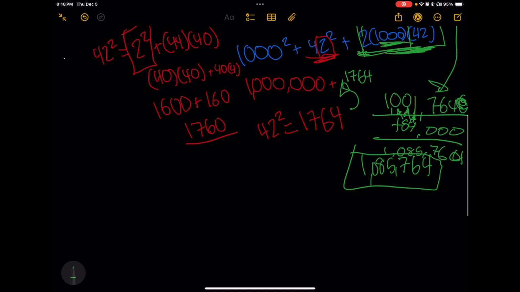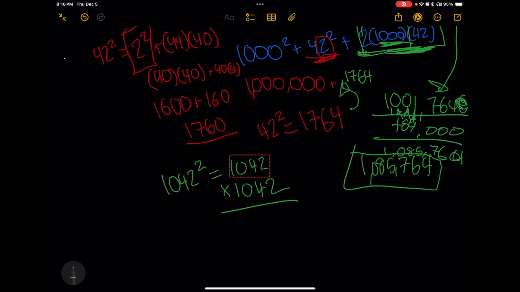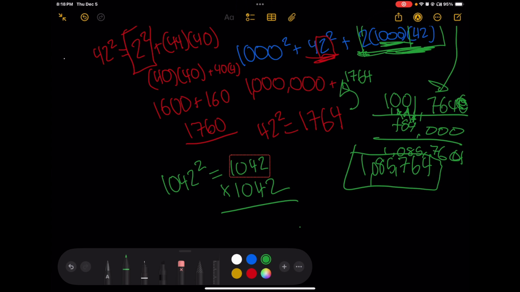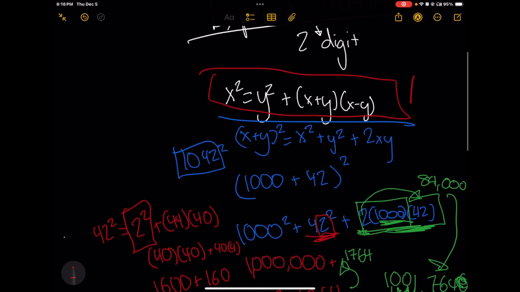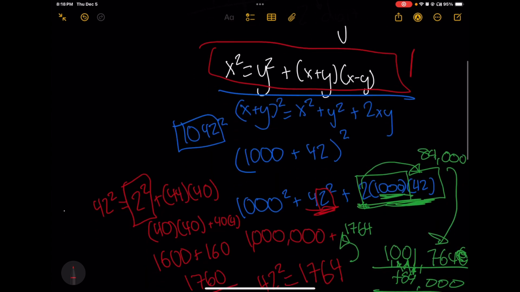And no, I would not have liked to do 1,042 times 1,042 and then done the lengthy multiplication that this would have brought. So yeah, this is a pretty niche equation, but it would be pretty useful if you're trying to do it fast, especially if you memorize the equation.